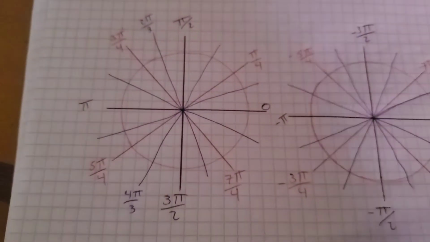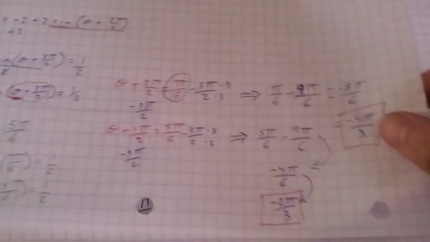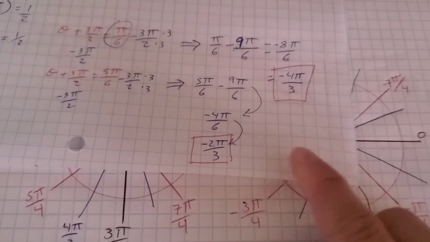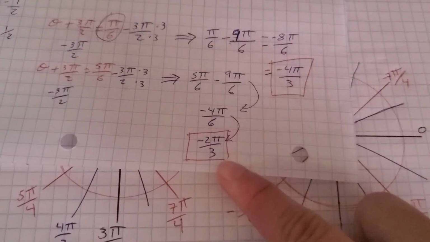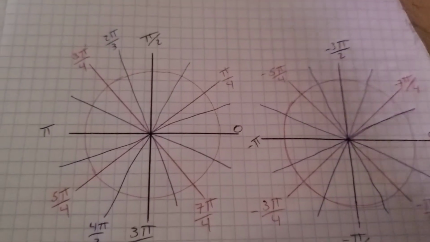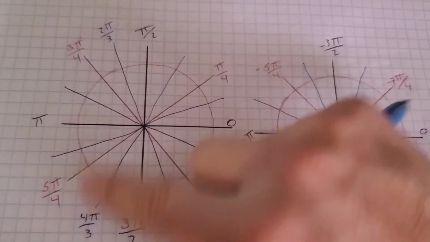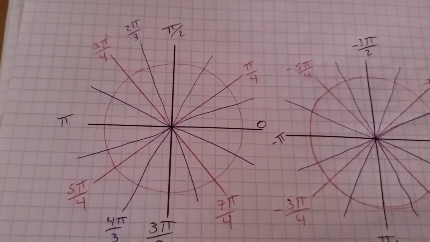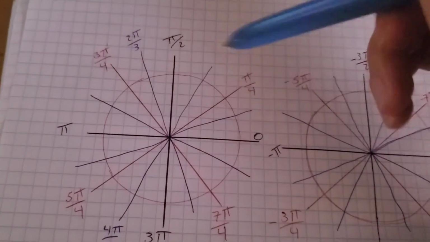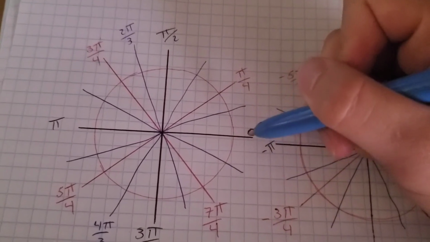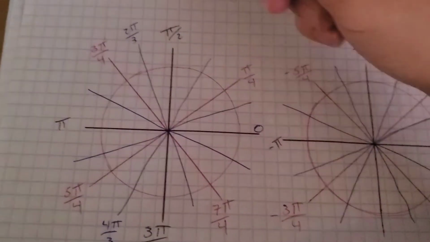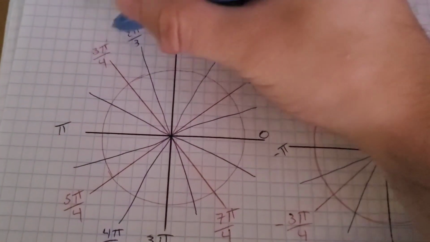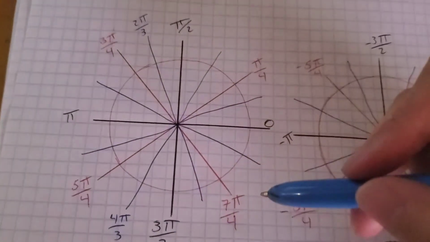Here's how this works. These values are the answers as if they were positive. When these values are negative, the unit circle actually runs backwards. The original positive unit circle goes from 0 to pi over 4 to pi over 2 and so on, counterclockwise.